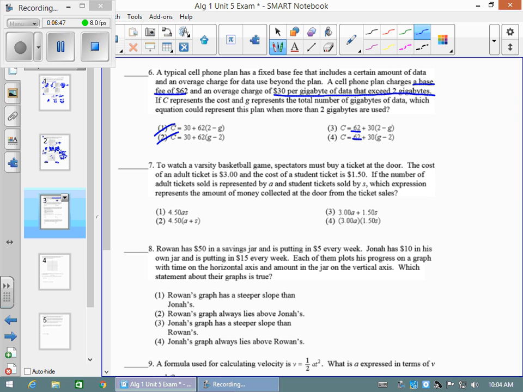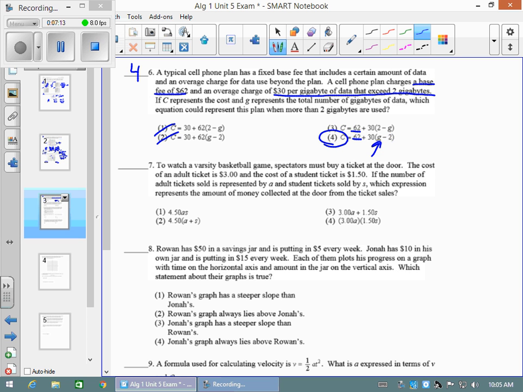So that means that if you go over 2 gigabytes, you could charge this amount. So you want to take the equation where the 30 is being multiplied by anything over 2. So if the g value is anything bigger than 2, then it would get multiplied by 30. So the correct answer would be choice 4.